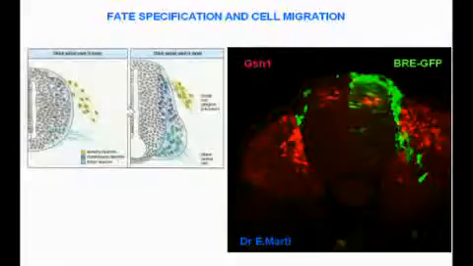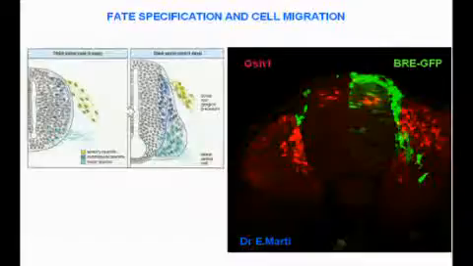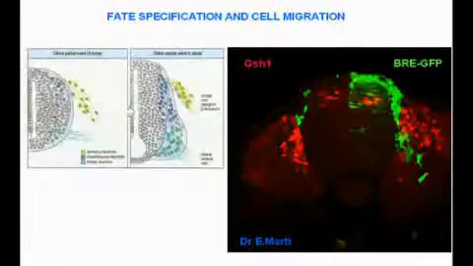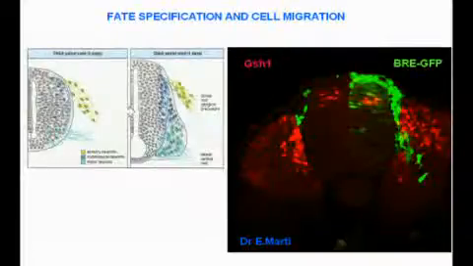It means all the cells that you can see in green are because they are responding to BMPs. You see, this represents the cells that are delaminating, and they are forming the cells that will give rise to all the organs formed by the neural crest. It means all these cells are intensively responding to an order given by BMP.